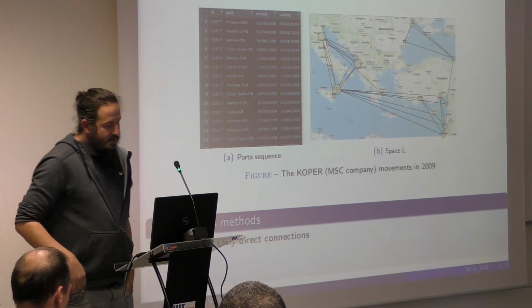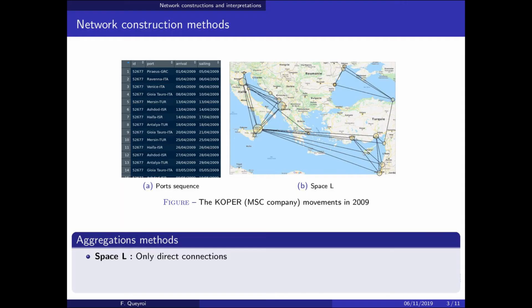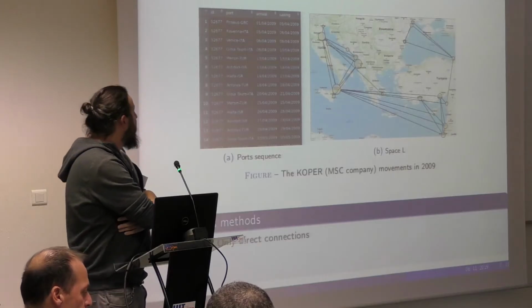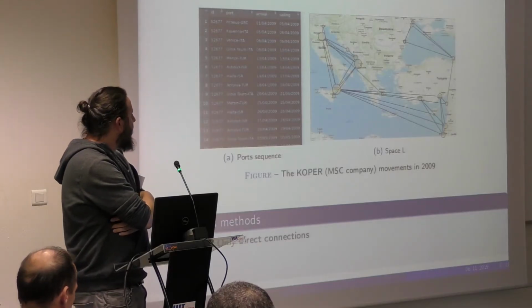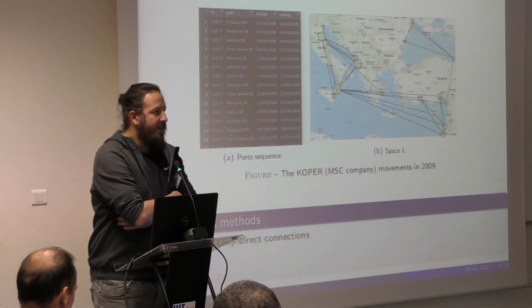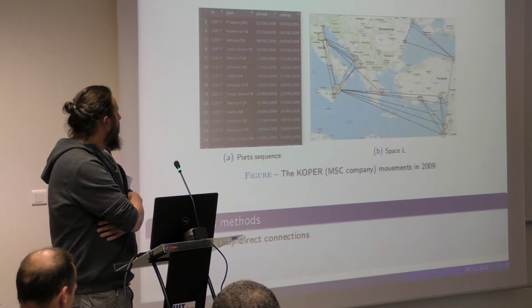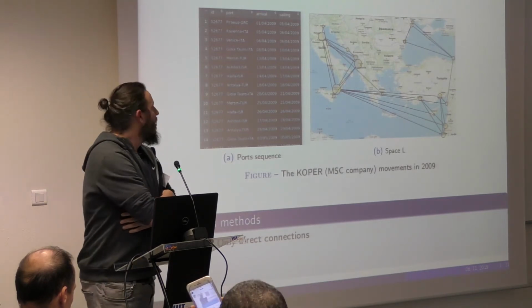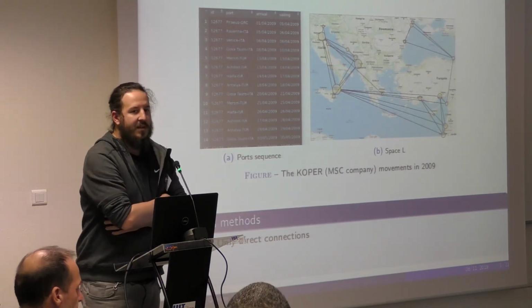To go into more detail, this is an example of a ship, the Copper, and an extract of the ports that this ship visited. In the Lloyd's database, we have the list of ports, but also the arrival and sailing dates.